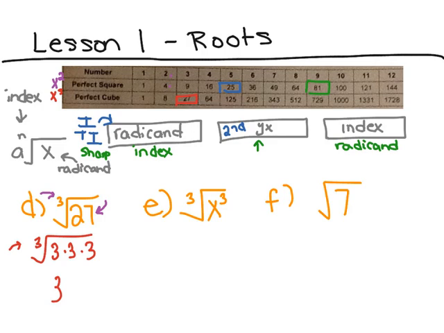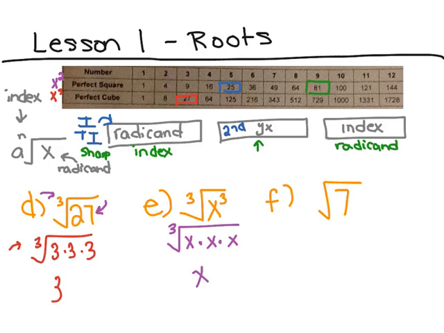Backwards for other calculators. And you should get 3. If you don't get 3, call me over. For the next one, we have the cube root of x cubed. So x cubed can be written as x times x times x. Because there's 3 x's under the radical, we can bring 1 out. So the cube root of x cubed is x.